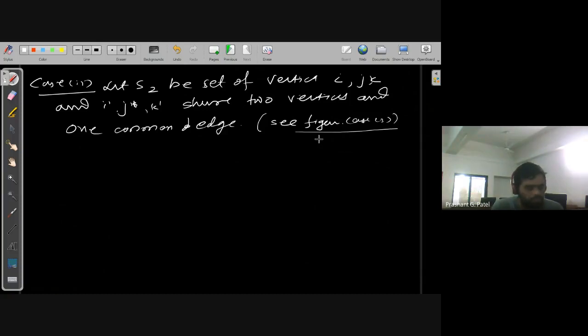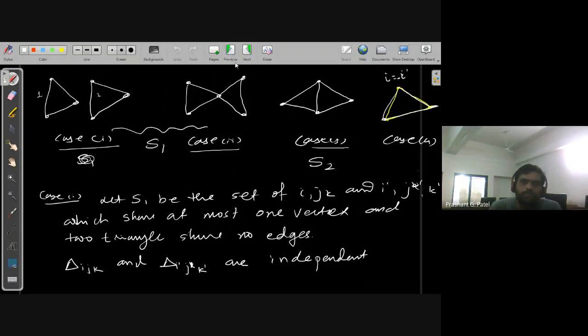Now, how many vertices are there and how many edges are there in case 3? So there are 1, 2, 3, 4 vertices and 5 edges involved.